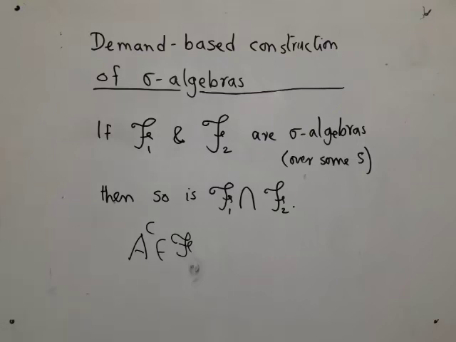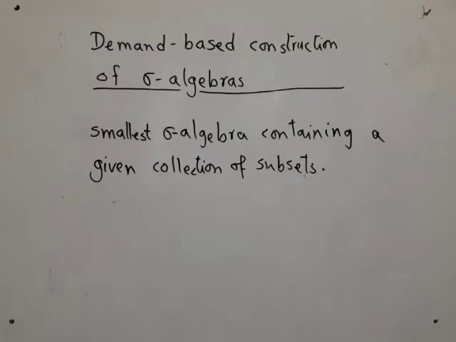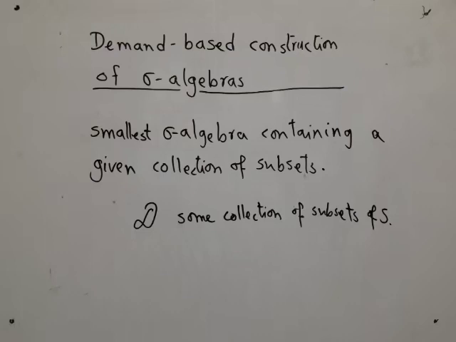Once we have this result, we can talk about the smallest sigma algebra containing a given collection. To understand this, let us start with some collection of subsets of S. Then we consider the set of all possible sigma algebras containing this collection.